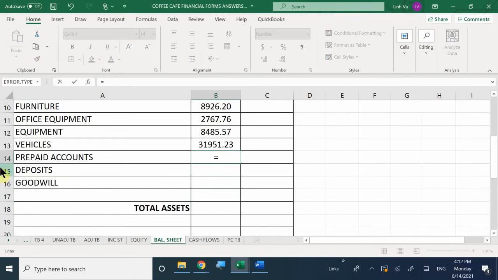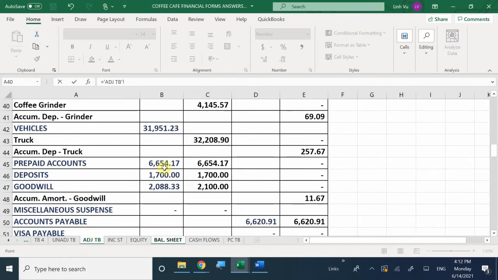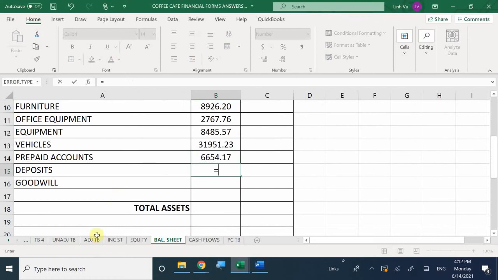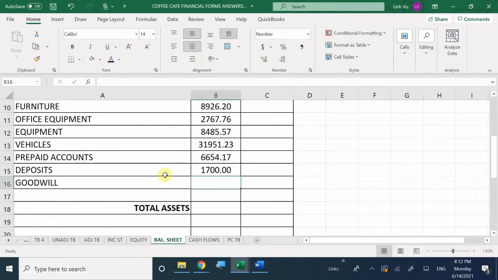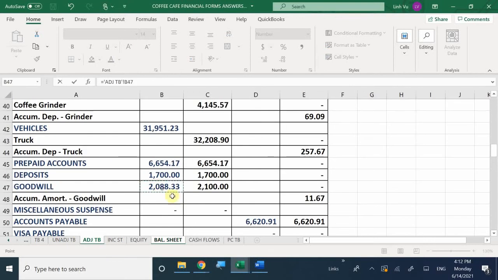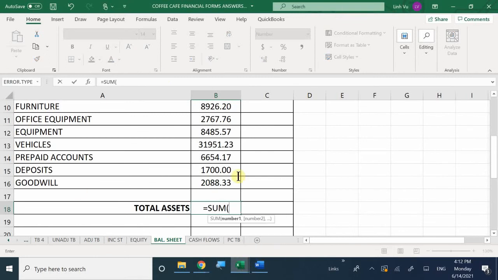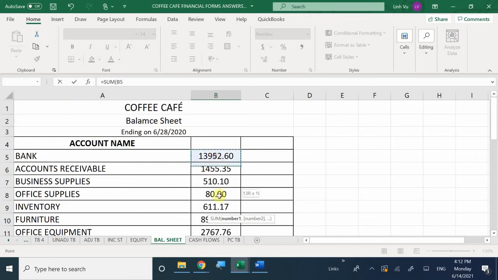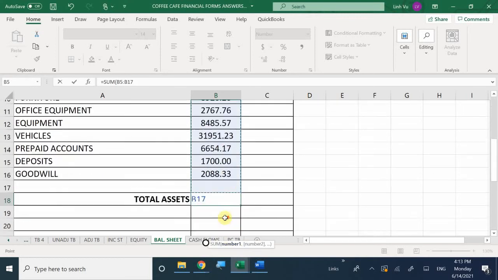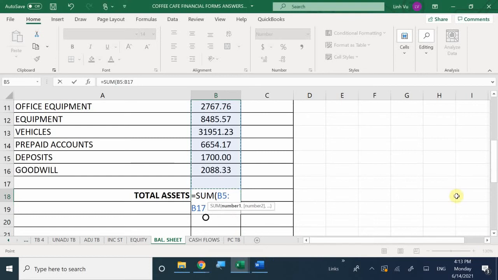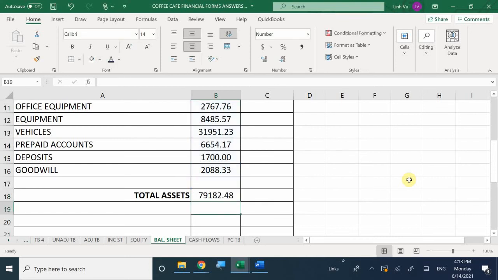How much is my prepaid? 6654.17. How much was my deposits? 1700. And lastly, what is my goodwill? 2088 and 33 cents. So once again, go ahead and do your equal sum, and let's calculate our total amount of assets. $79,182.48. Yes, that's what I got.